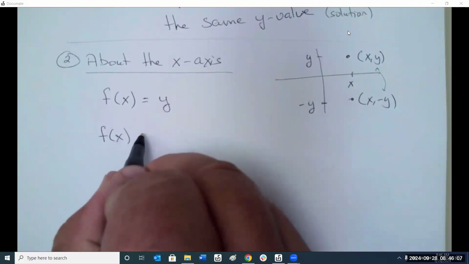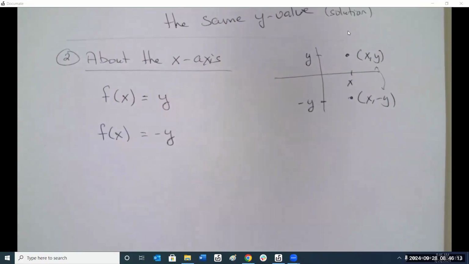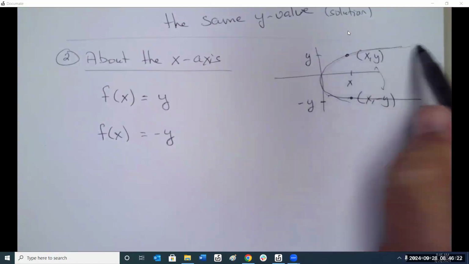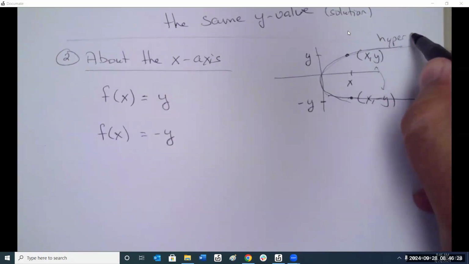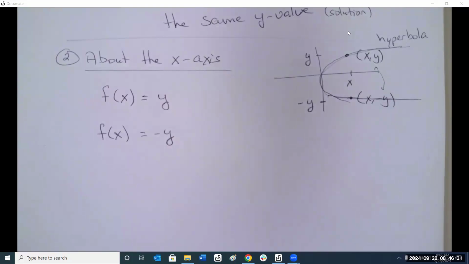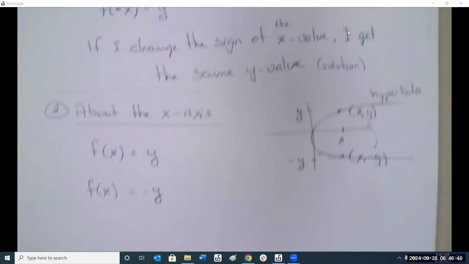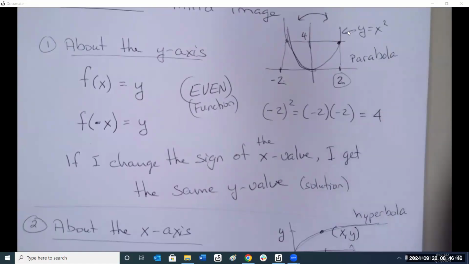Now let's put it this way. In other words, if I put in a value of x, I get 2 values of y. This is called a hyperbola, as opposed to a parabola. You notice how bola is at the end of both of those.